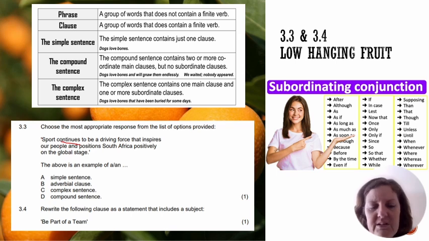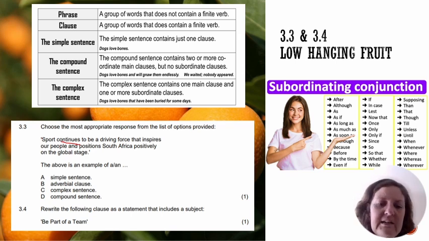It's in the present tense, and there is a subject. So a finite verb is a verb that has subject, number, and tense, and a clause is a group of words that does contain a finite verb. So a clause is essentially a section of a sentence that contains a finite verb. So this idea of an adverbial clause would mean that it's a descriptive sentence, okay, that has a finite verb.